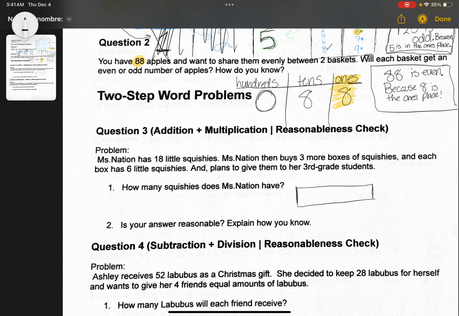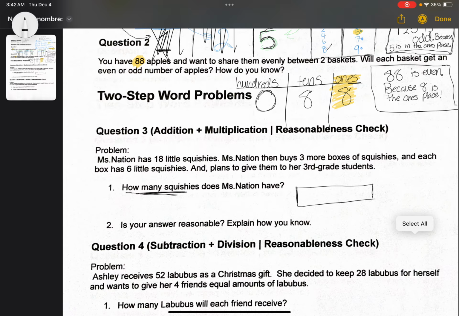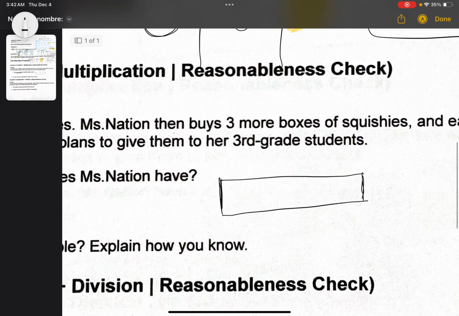We don't know how many squishies Miss Nation has, so since we don't know the total, we'll do a bracket, a little hat, outside our strip diagram, and we'll put S for the total amount of squishies, because we don't know that yet.